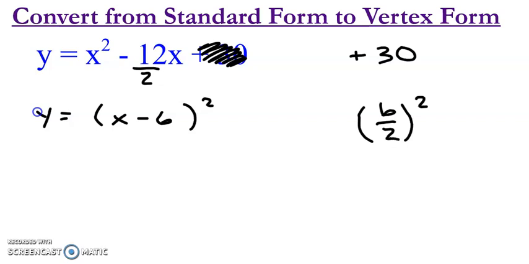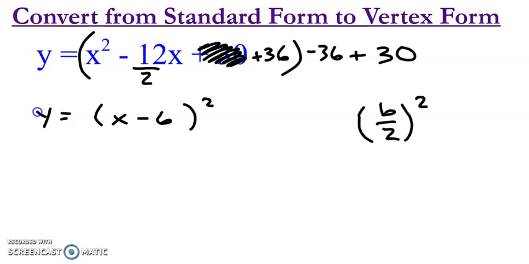And now when I take -6 and square it, I get plus 36. Okay, so when I add that 36 as my c value, now that trinomial in the parentheses I can rewrite as x minus 6 squared so that it becomes vertex form. But I still have that 30 over there. And remember, I just added 36 to my equation, so I have to balance that out, and so I also have to subtract 36.